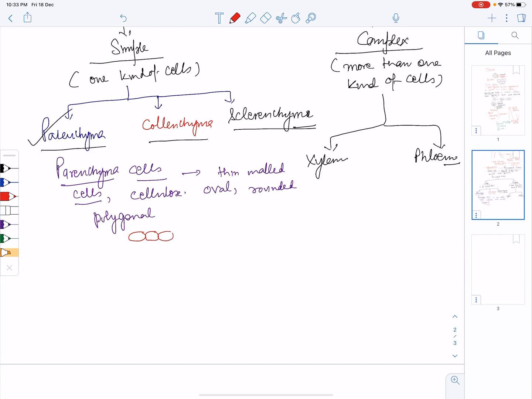Parenchyma cells are thin-walled. Now this is the oval shape of parenchyma cells. Now this is enclosing the intercellular spaces. They can be rounded in shape. Now this is the rounded shape of parenchyma cells.